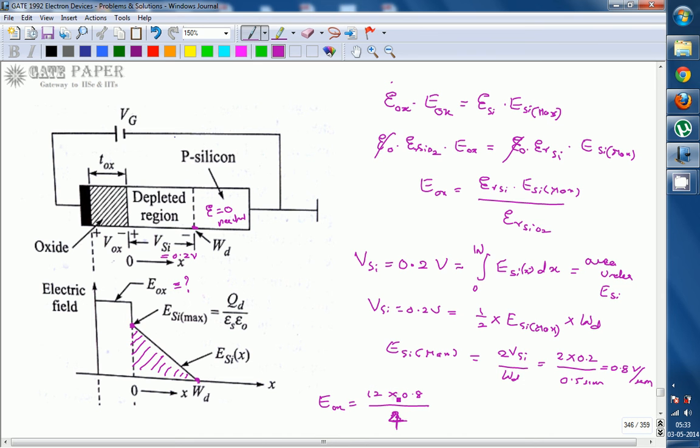So 12 into 0.8 by 4, that is 3 into 0.8, which is 2.4 volts per micrometer. This is the oxide electric field, the peak electric field in the oxide region, 2.4 volts per micrometer. This is the answer for the given question.